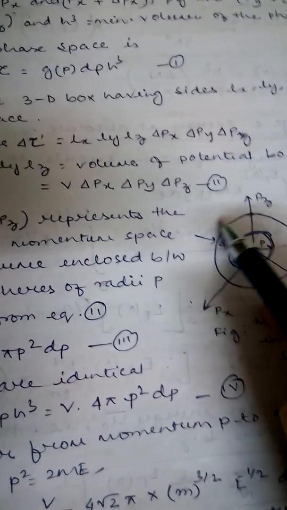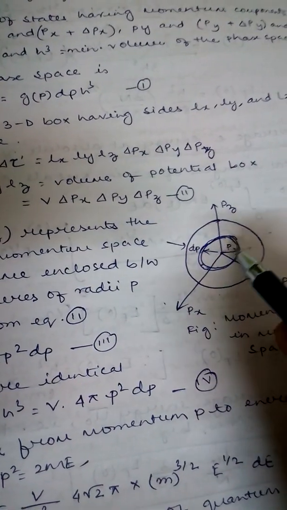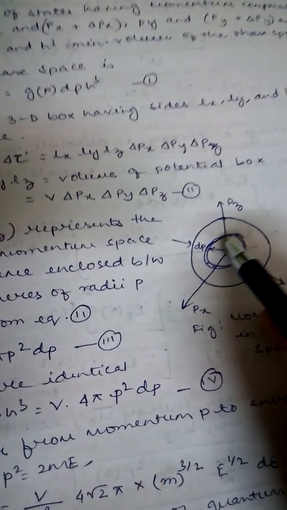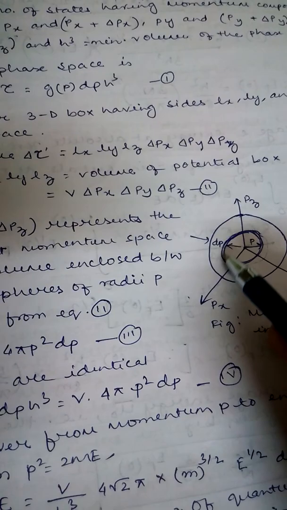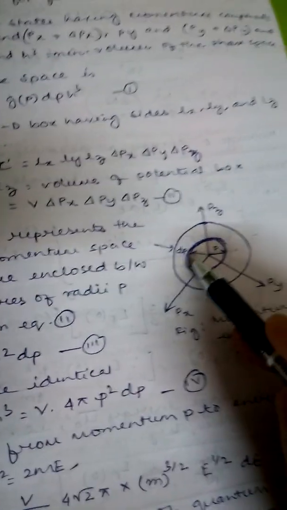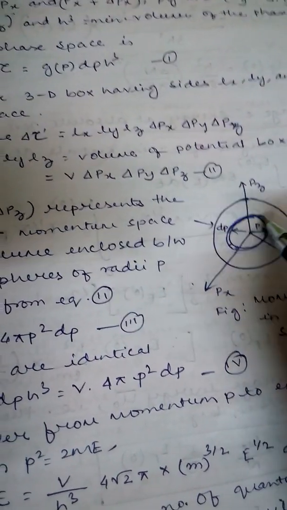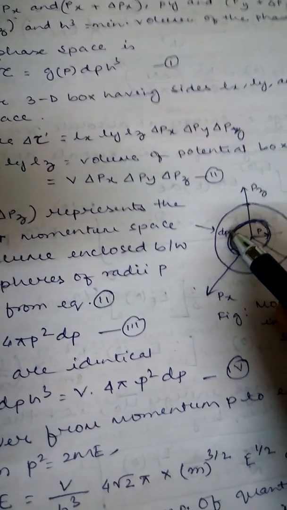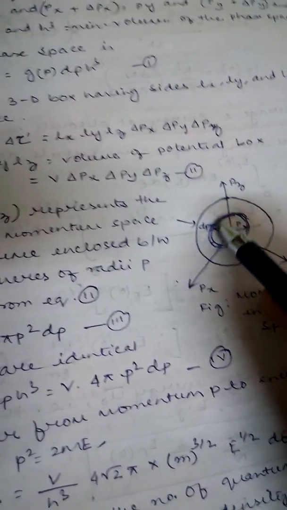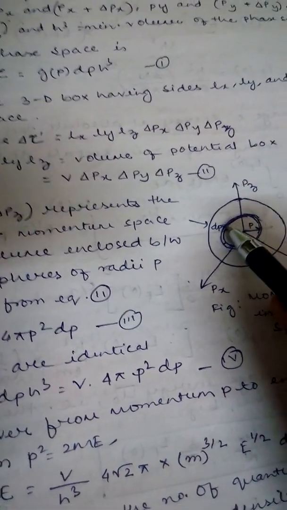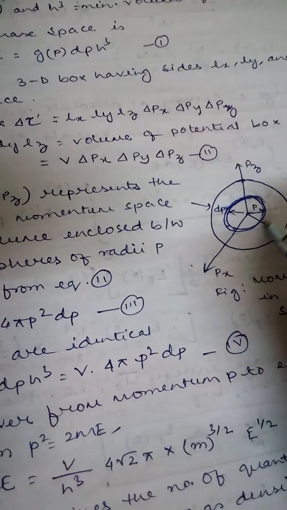We consider an arbitrary volume having radius r with thickness dr. So the volume of this elementary portion can be expressed as 4 pi r square into dr. 4 pi r square is the surface area, dr is the elementary length or thickness. So 4 pi r square dr is the volume of this elementary section. This is nothing but dx dy dz, or delta x, delta y, delta z.